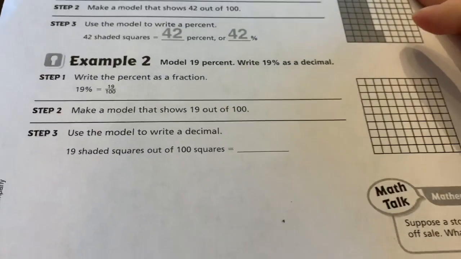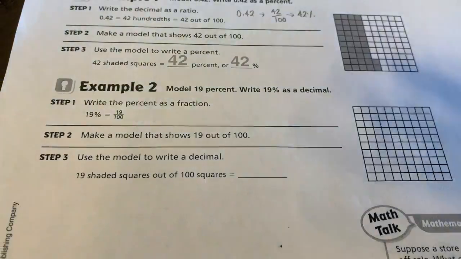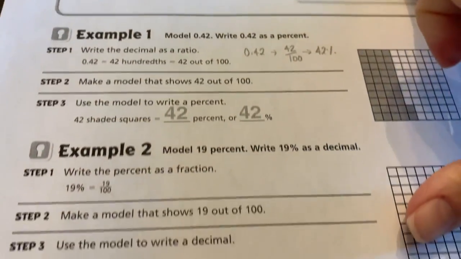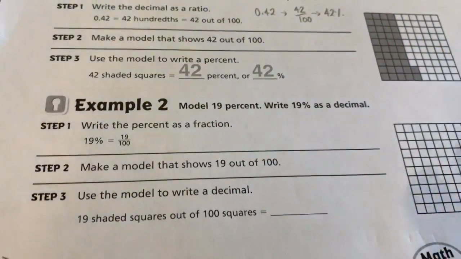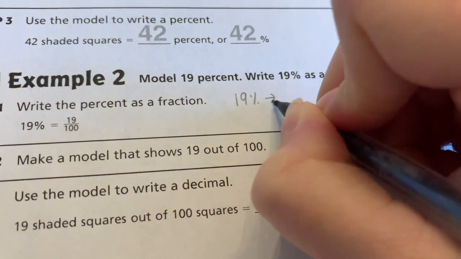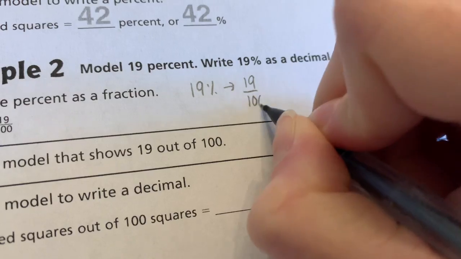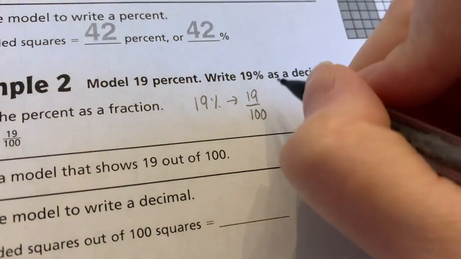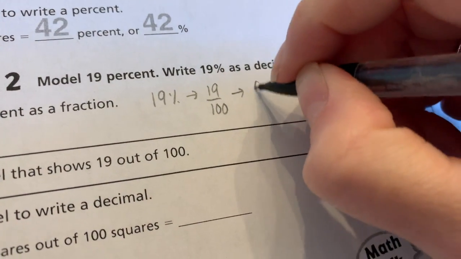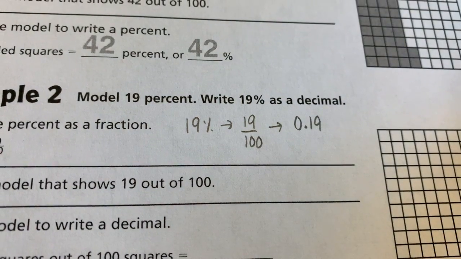Okay. Example number 2, we're going to model 19% and then we're going to write it as a decimal. So in this case, we're going the other way. Here we went from decimal to percent. Now we're going to go from percent to decimal. So here's how we do it. 19%, we know that all percents are out of 100. So I'm going to put my 19 out of 100, right? And then I know that if it's 19/100ths as a decimal, it would be written like this, 0.19, okay?